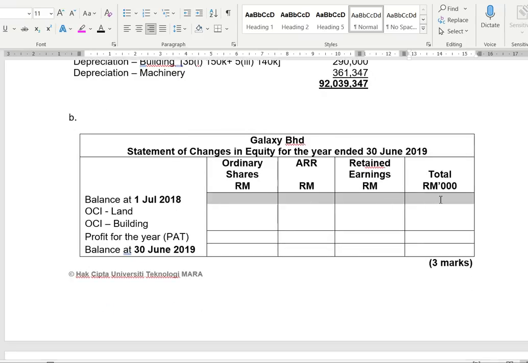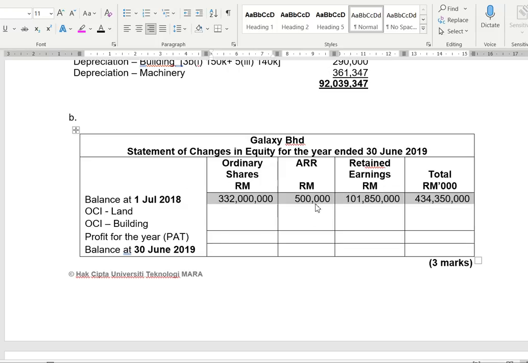Put the first row, which is showing the balance. Make sure to show the ordinary share, asset revaluation reserve. I'm actually showing the impact of the asset revaluation reserve as a total. If you were doing separate T account, or if you are doing your journal, it should be done in a separate account for land and separate account for building, the asset revaluation reserve.